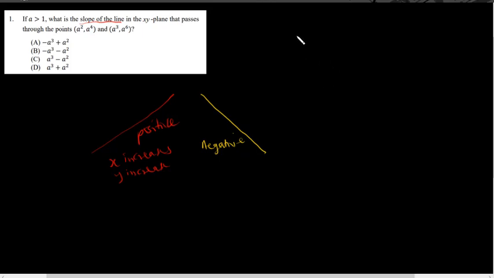So if I draw a simple graph to illustrate what I'm saying here, we have 0 here, 1, 2, 3, 4, and here we have 1, 2, 3, 4. Now if I draw a line this way, this line has a positive slope.